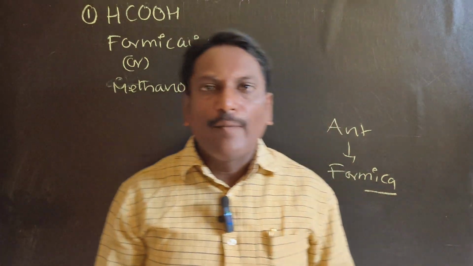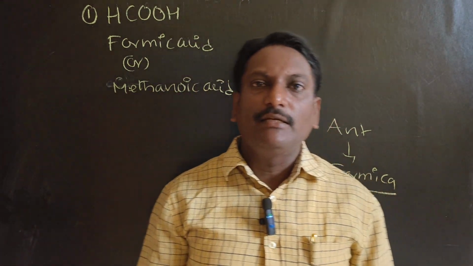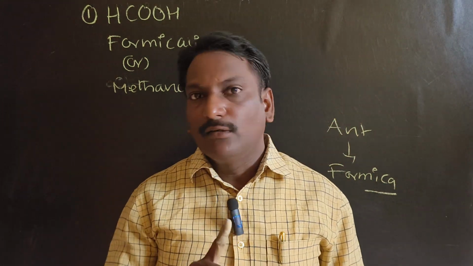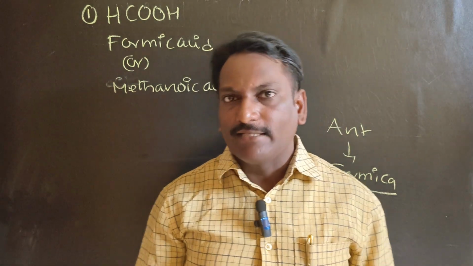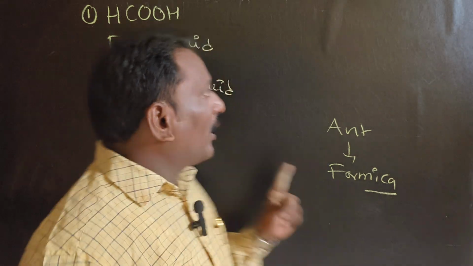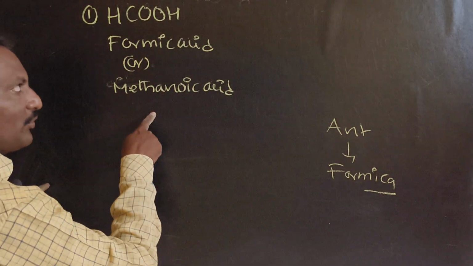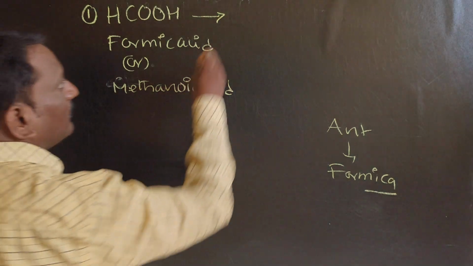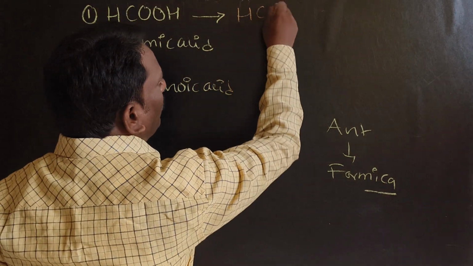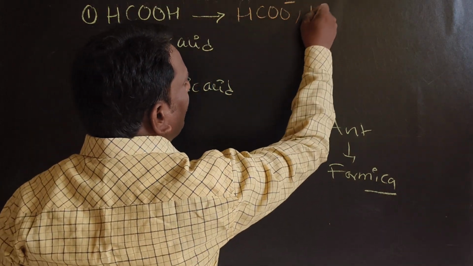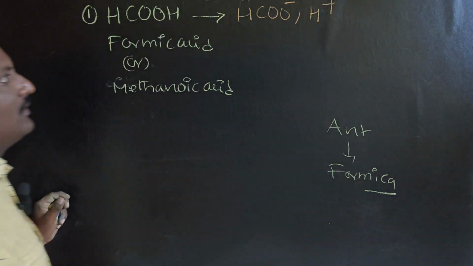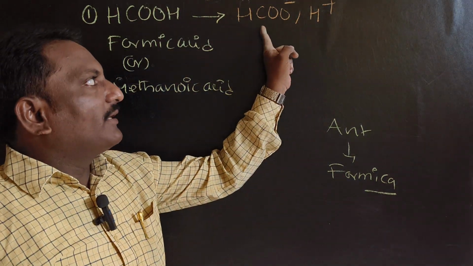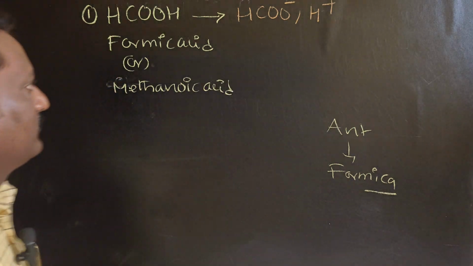Not only that, formic acid is present in ant sting, bee sting, and nettle plant sting. Please remember that formic acid is also called methanoic acid. It splits up into HCOO minus formate ion and H plus ion.